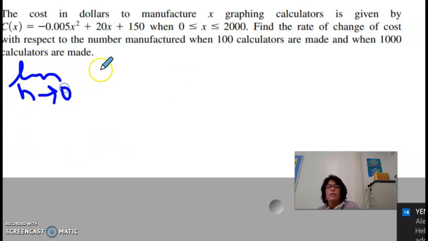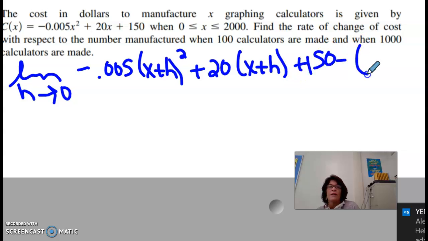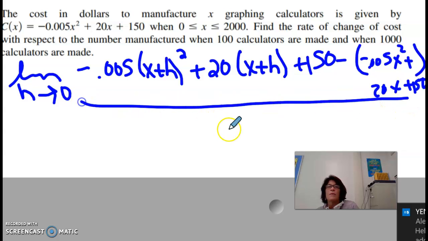Limit as h approaches 0, negative 0.005 times (x plus h) squared plus 20 times (x plus h) plus 150. And then I'm going to subtract the cost function, which is negative 0.005x squared plus 20x plus 150. And of course, that'll all be over h.